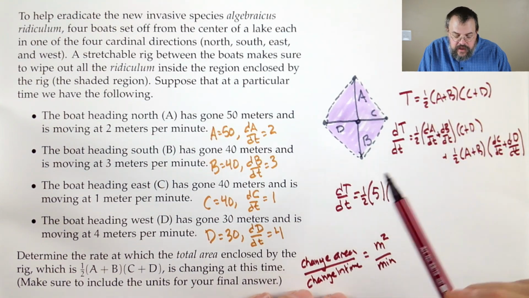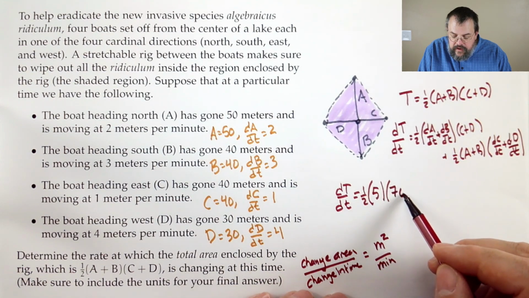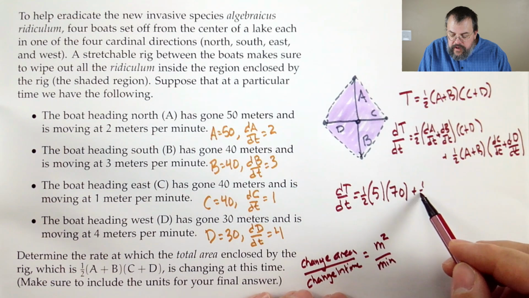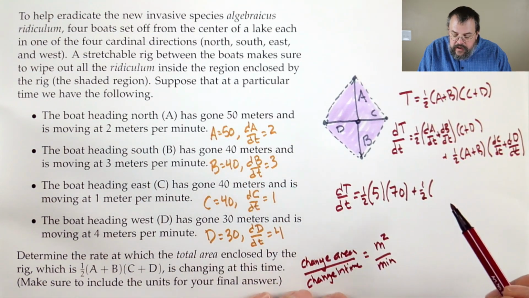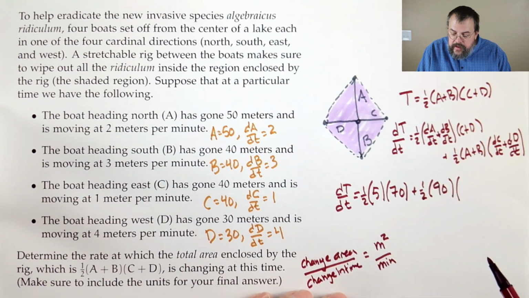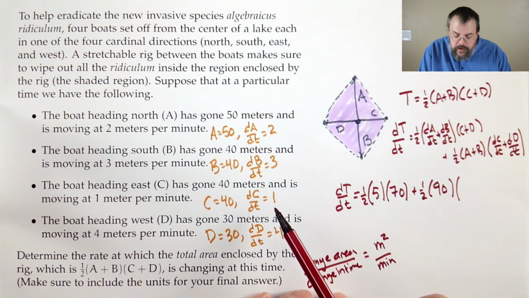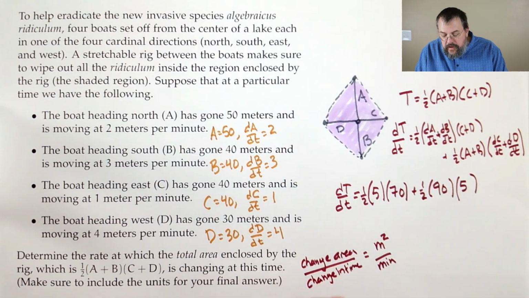Times C plus D, so 40 plus 30, that's 70. Plus 1/2 times A plus B, 50 plus 90... 50 plus 40, 90, times the change in C and change in D, 1 plus 4, which is 5. Okay, good.